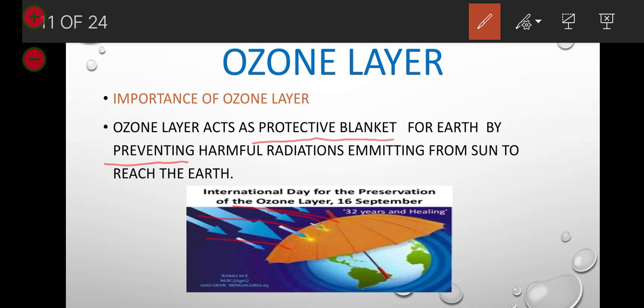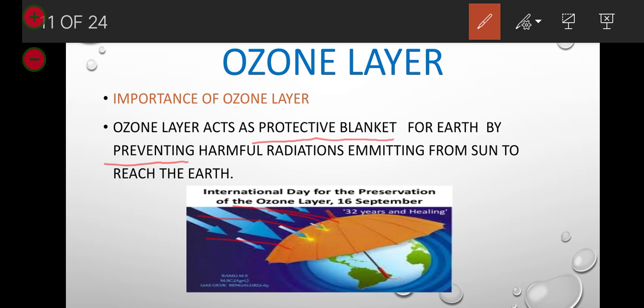In that, there are harmful radiations, like ultraviolet radiation. If that enters the earth, that radiation will burn living creatures on the earth, it is that harmful, or diseases will take place. They kill lives; there will be diseases, skin cancer, many diseases, and the creatures will be dying.